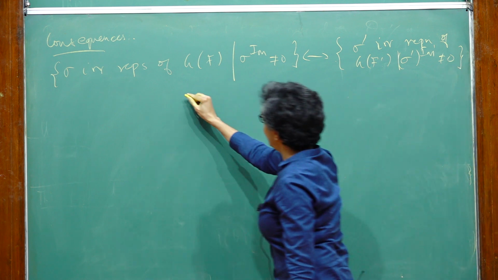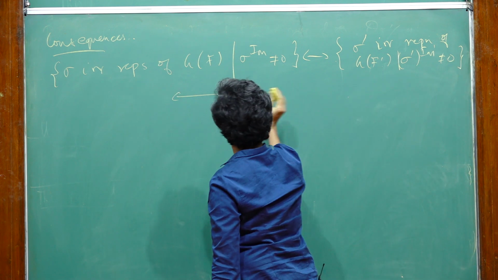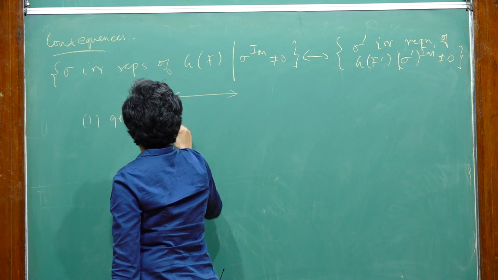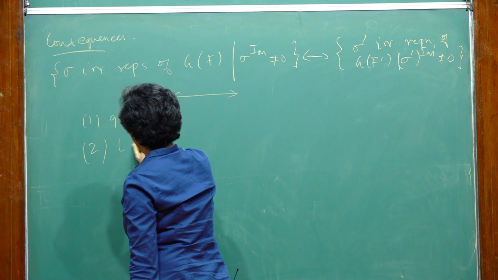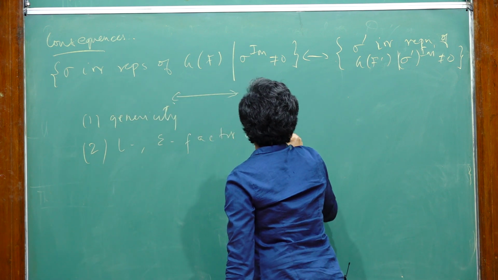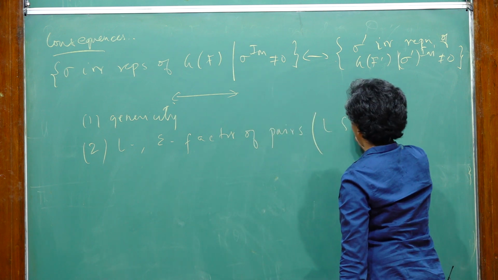One can show that this bijection preserves the genericity. It preserves L and epsilon factors of pairs coming from the Langlands-Shahidi method.